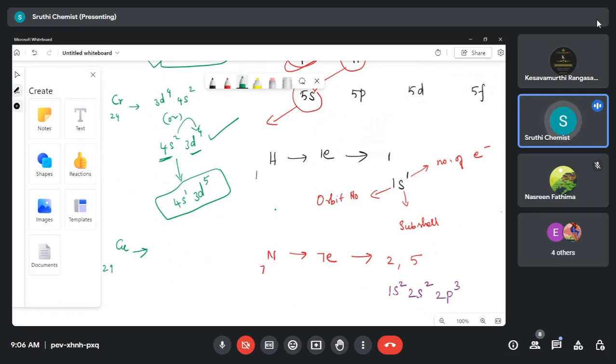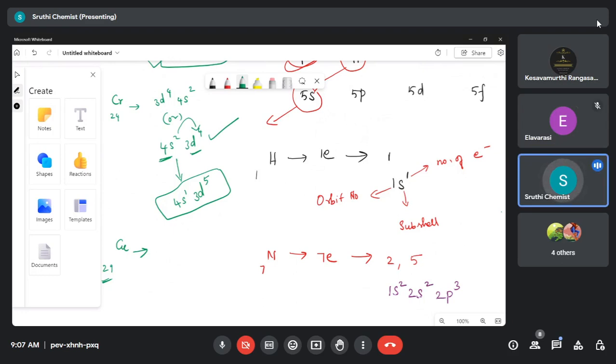Copper's atomic number is 29. Here also there is exceptional behavior. Think and tell me. Do it for copper and tell me. Ma'am, 4s1 and 3d10.